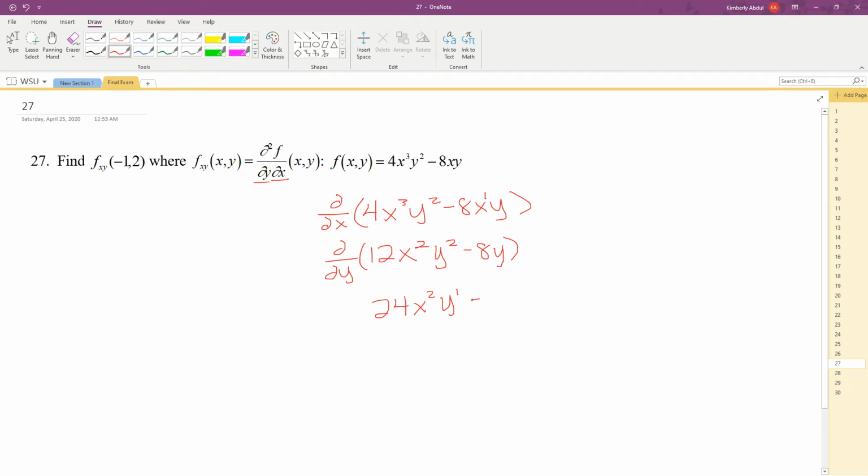And then same idea here, so I'm going to multiply the exponent of y, which is 1, times the coefficient, so negative 8, and then reduce that exponent by 1, which eliminates the y. So this is going to be my partial derivative.